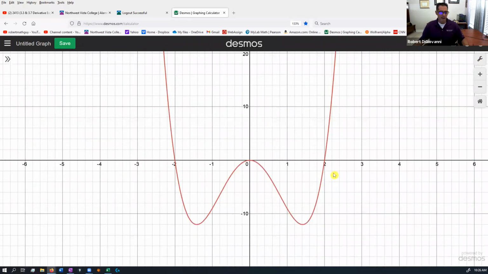I would argue that ours does not look exactly like this, right? We have those same x-intercepts? 0, -2, and 2. Is that what we have? Yeah. Does our left side and right side go up? Yes. Okay. When you are looking between -2 and 0, does our graph go below the x-axis?